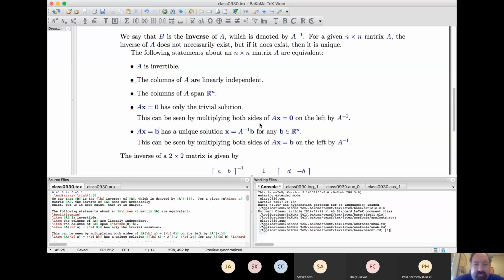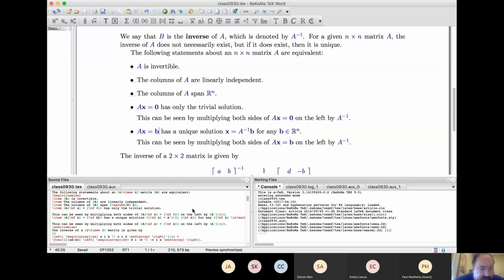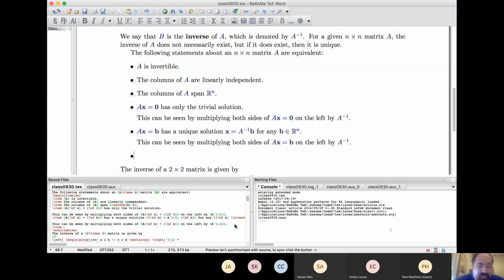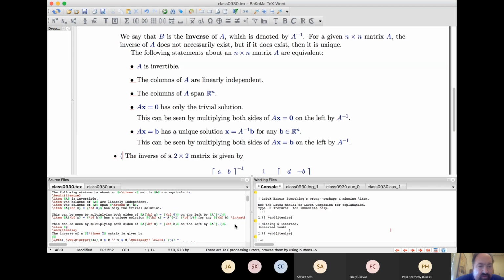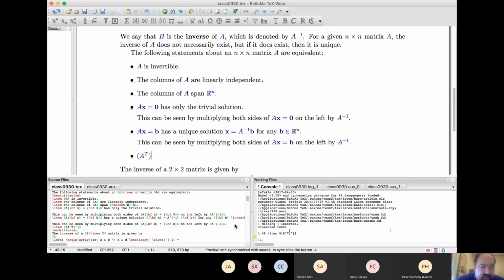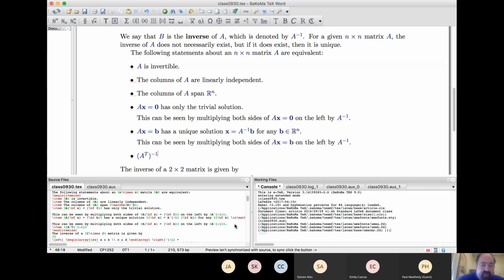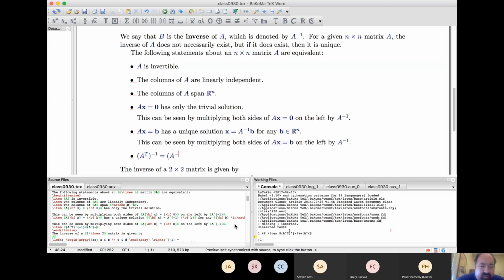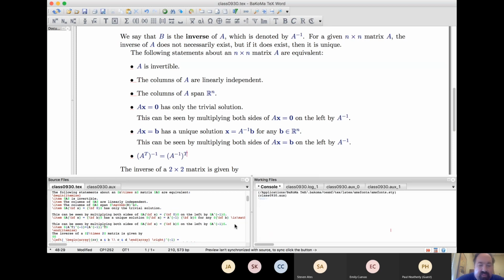Now, there's one other property I'm going to put in here. This relates to the transpose that was discussed last time. If you take the inverse of the transpose of a matrix, that is the same as taking the transpose of the inverse.